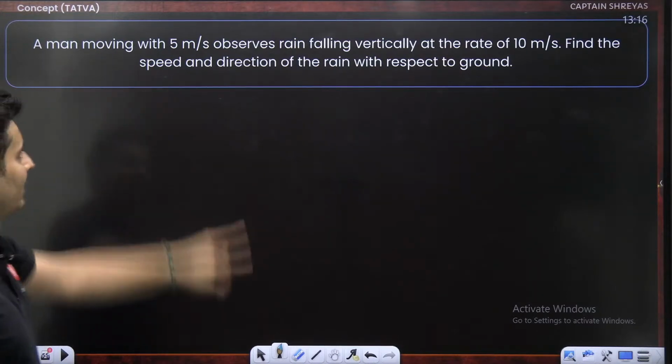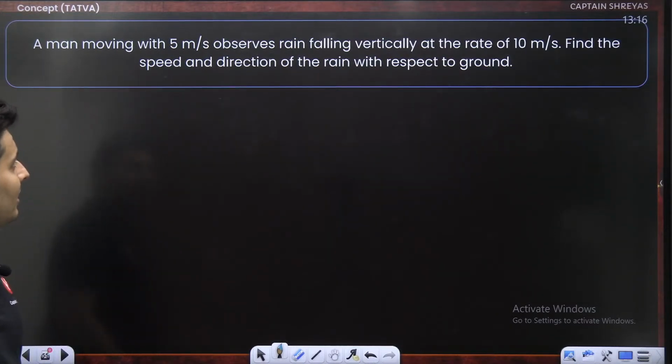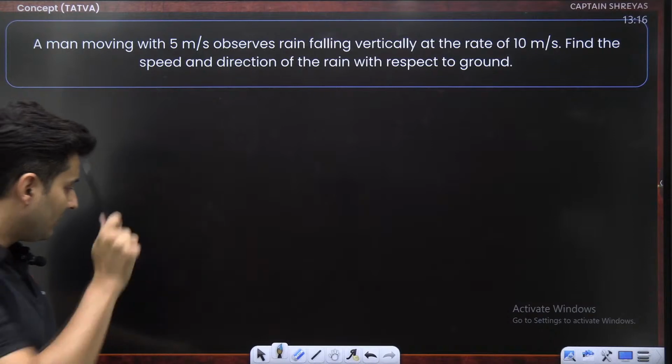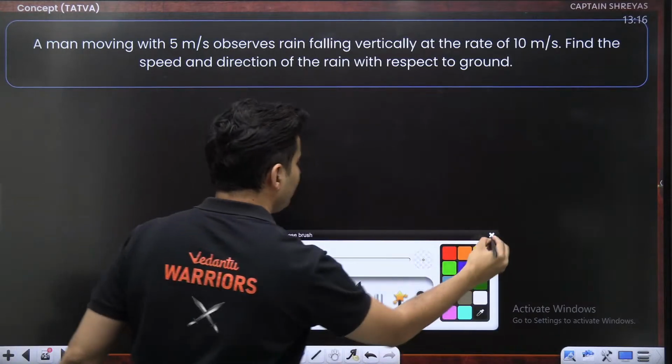A man moving with 5 meters per second observes the rain falling down at 10. Find the speed and direction of the rain with respect to the ground. Interesting. The man is already moving with 5, and observes the rain falling at the rate of 10. Okay, let's think about it.